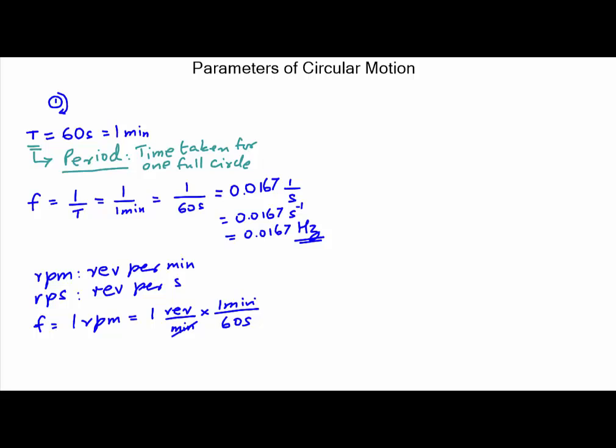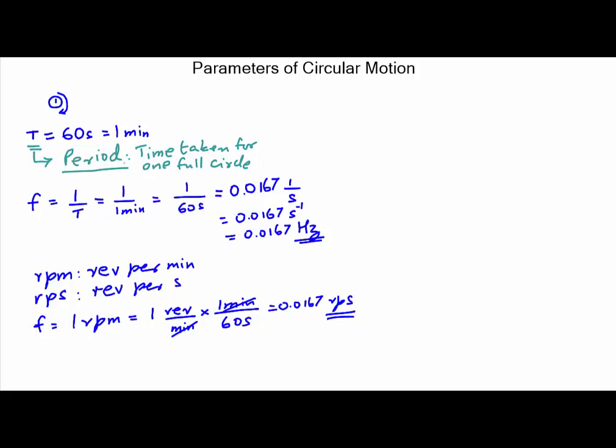The minutes will cancel, and I will get 0.0167 revolutions per second, and revolutions per second is the same as second to the power of -1 and hertz. So they're all different ways of calling the same thing.